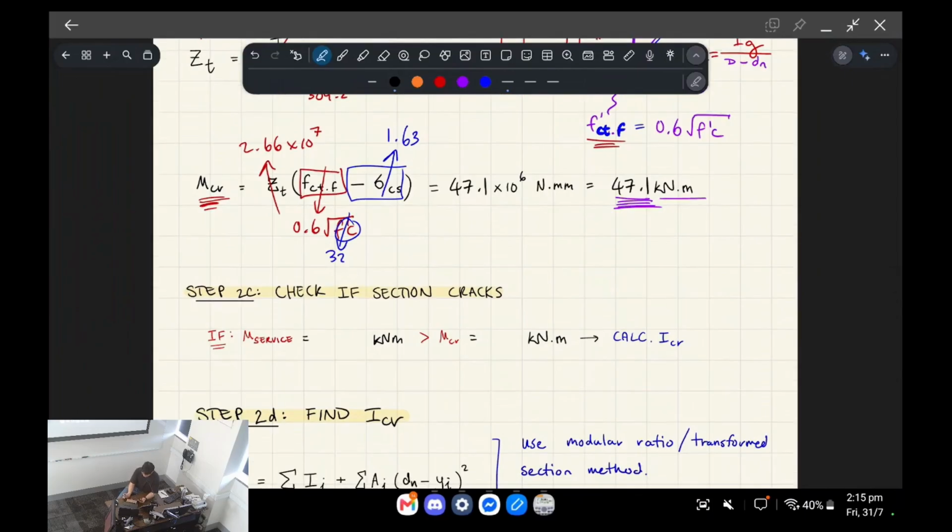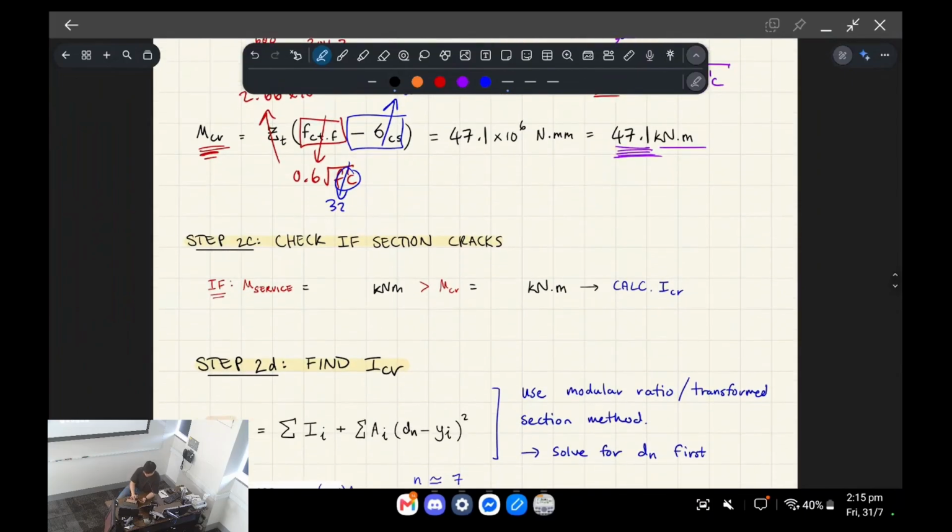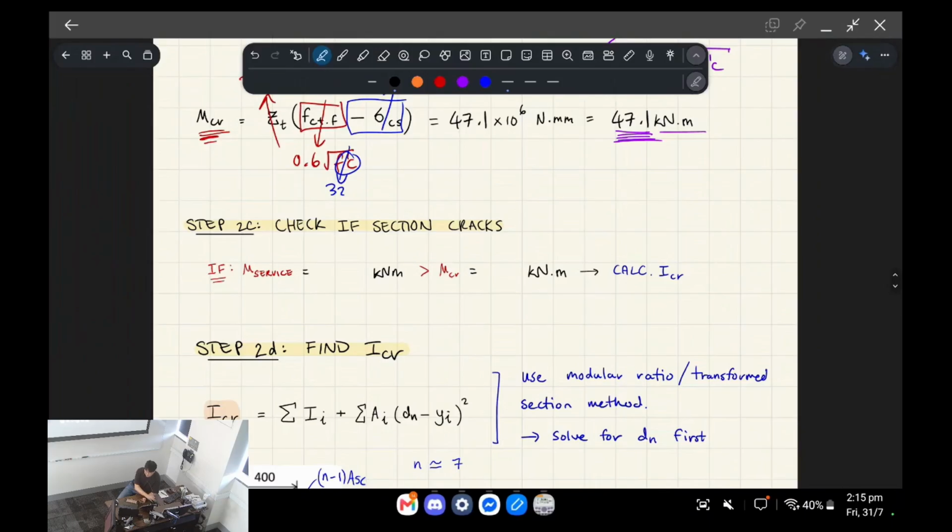The next step is we need to check if the section cracks. Basically, if our section doesn't crack, we don't need to calculate the moment of inertia for a cracked section. So we do the check first.